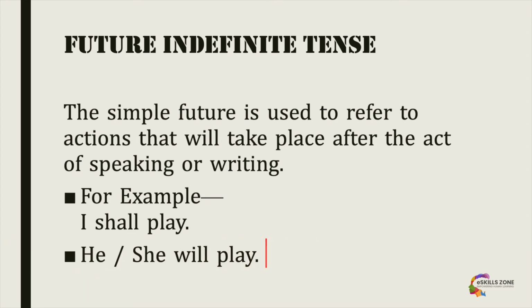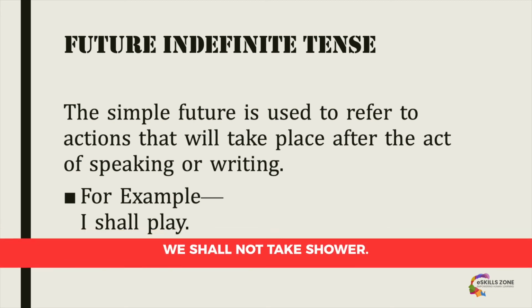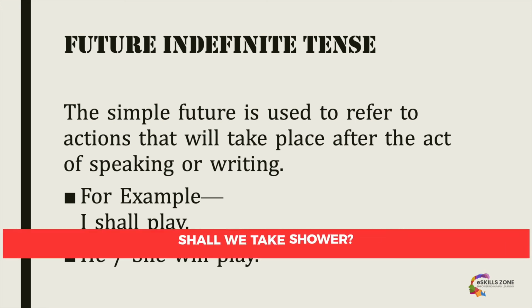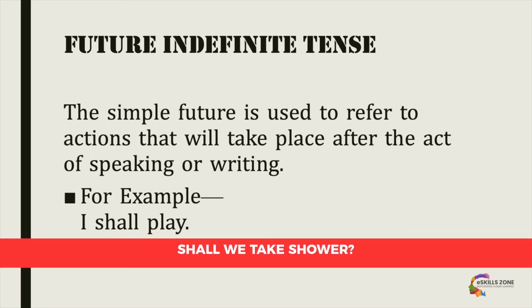Now you need to convert this sentence into negative and then this positive sentence into interrogative. So we'll say we shall not take shower. This is a negative sentence. Now we'll make an interrogative sentence, which will be shall we take shower? Question mark.